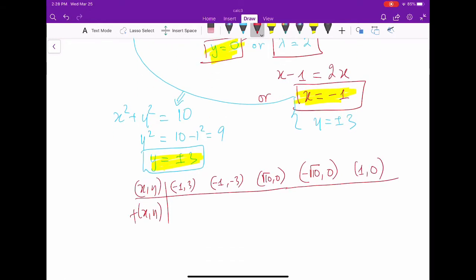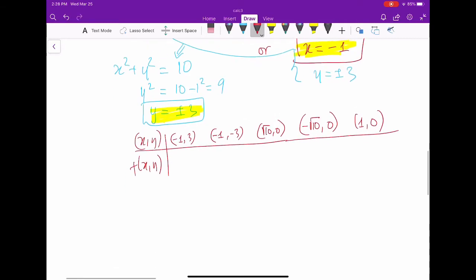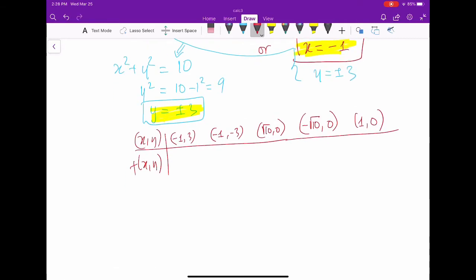You plug in the function. Okay, let me copy the function right here so it's easier to follow. I have x squared plus 2y squared minus 2x plus 3, right? So at (-1, 3), I plug -1 in here and 3 in here. I get (-1) squared plus 2 times 9 minus 2 times (-1) and then plus 3.